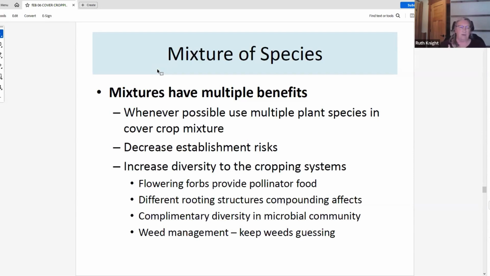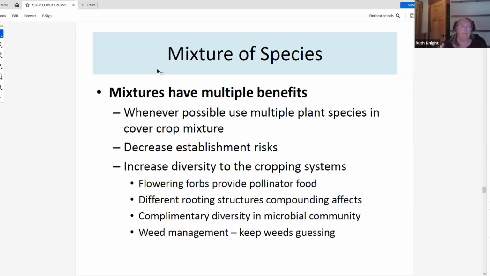And again, as I mentioned earlier, having a diversity in your species is really going to help the weed management. In terms of, if you continue to say have monocrops and put them in the same rotation, you tend to have a certain weed ecology happening. And if you put that diversity in there, we call it keeps weeds guessing.